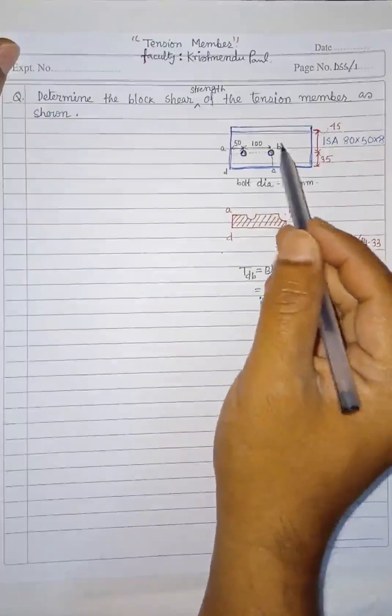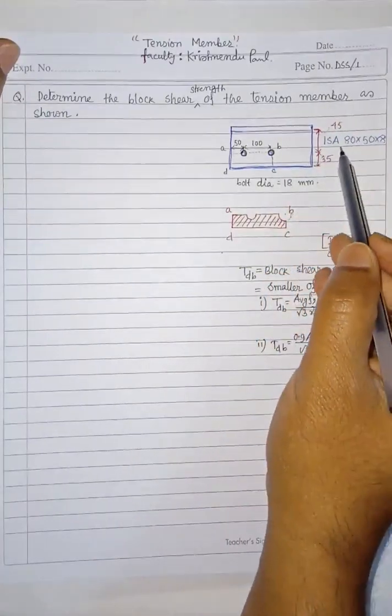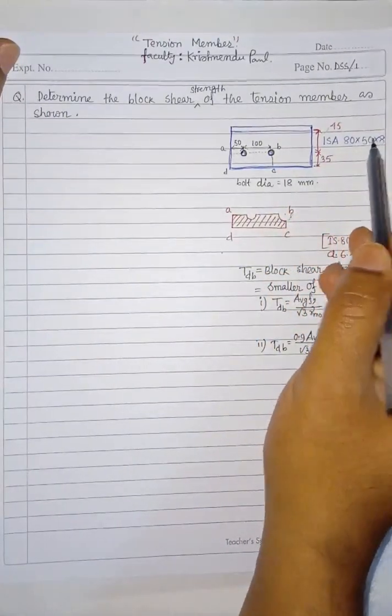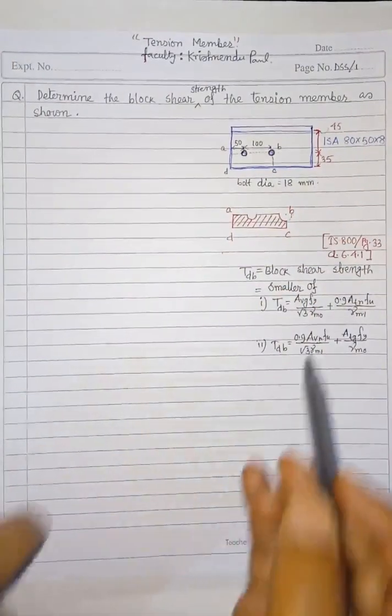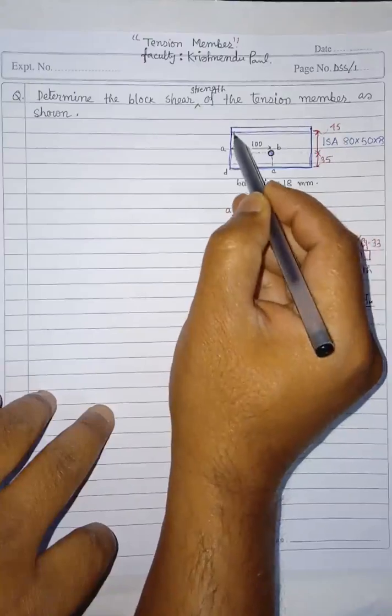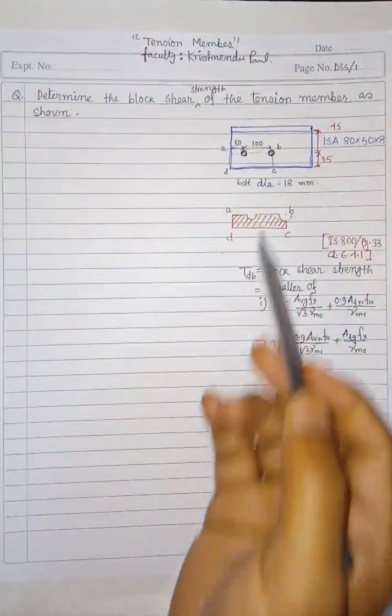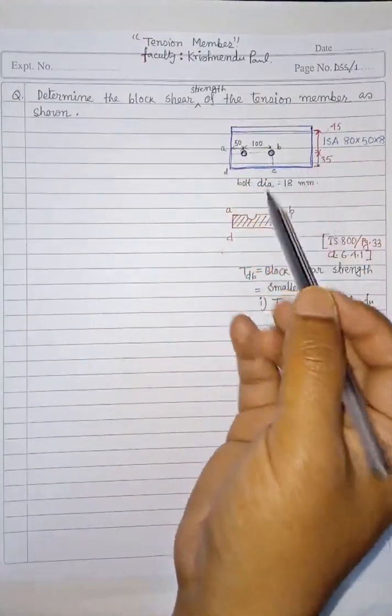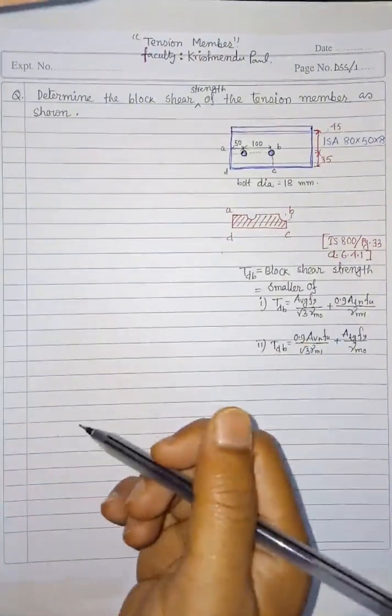In this figure there is an angle section, that is ISA 80 into 50 into 8. From this point to this point it is 80, and this is the thickness. To make you visualize this angle section, I have an ATM card holder.